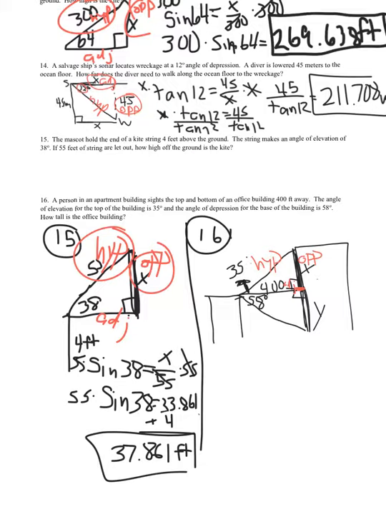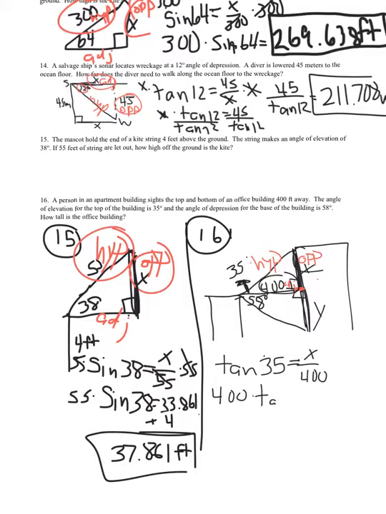So opposite and hypotenuse for the top triangle, you have sine 35 degrees equals opposite x, and I'm totally wrong there. Let's try that again. Opposite and adjacent is tangent 35 equals opposite x over adjacent 400.